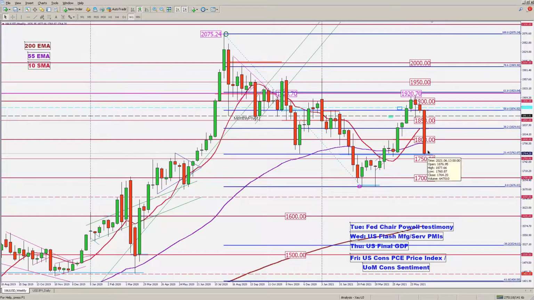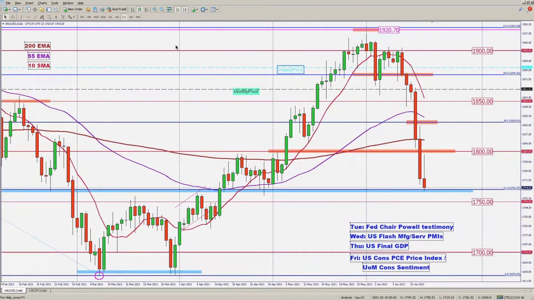That could be a slight pullback, so that could be an intermediate resistance before potentially falling a bit further. It could also target the 1750 and perhaps down to these support areas. Let's go back to the daily time frame.